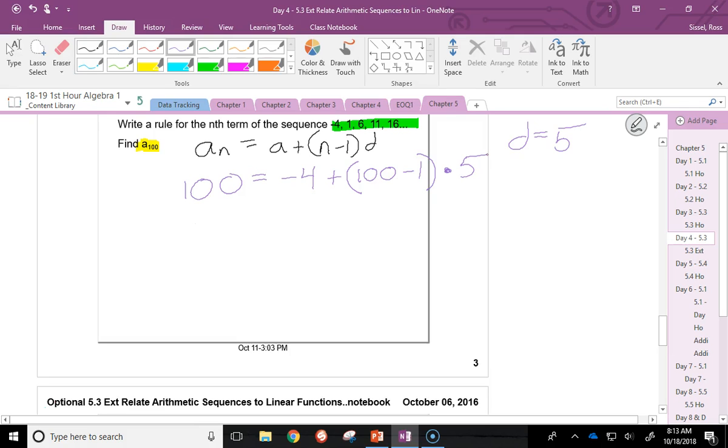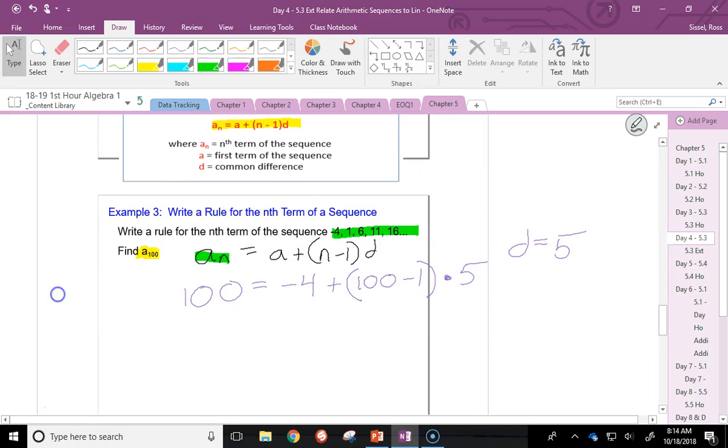Okay, we got a question on this. I was just wondering why that A before the plus sign equals -4. And the AN. Okay, so the AN, remember, if you look up here, which term am I looking for? Because I said I want to know what the 100th term is, AN becomes 100. A is the first term of the sequence.